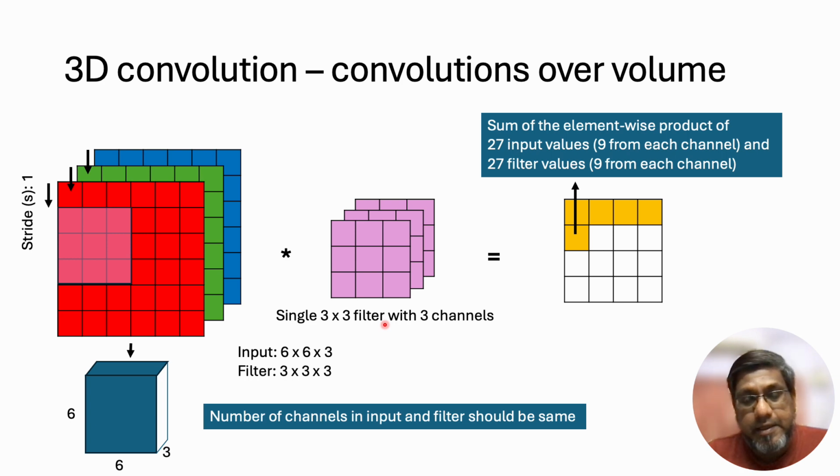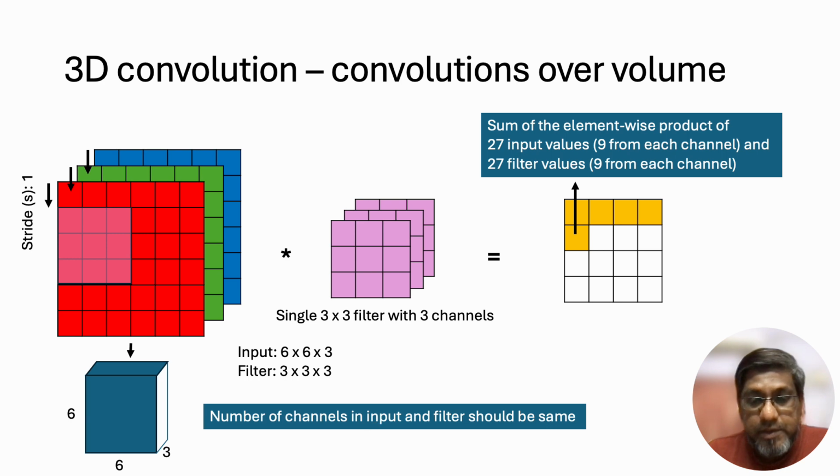Generally, in a CNN implementation, the number of filters used is such that the number of channels in the output is usually more than the number of channels in the input. However, for this illustration I have taken only a single filter with 3 channels, and the output is a 4 by 4 image with a single channel.